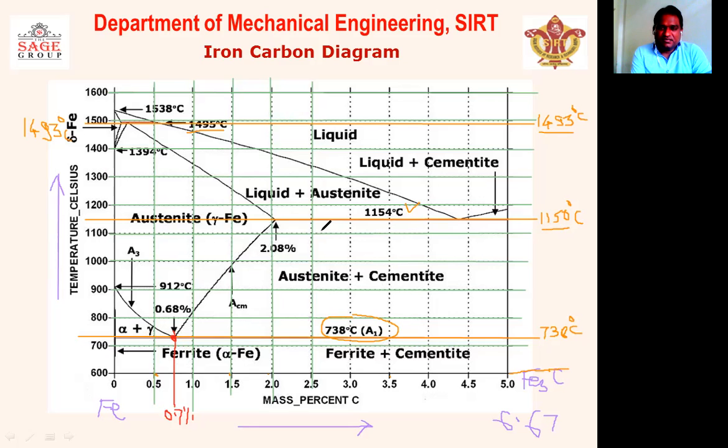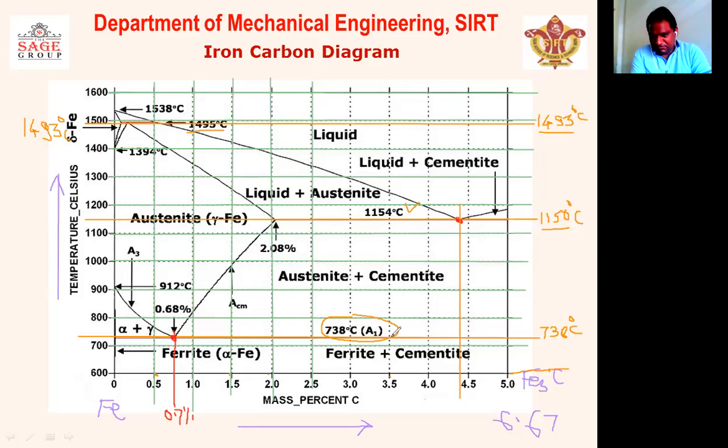On this line you have to mark 2 points. One point you have to mark here, and if I draw a projector from this point to the horizontal line, then I can read its value.